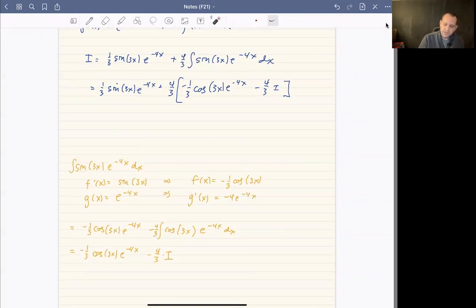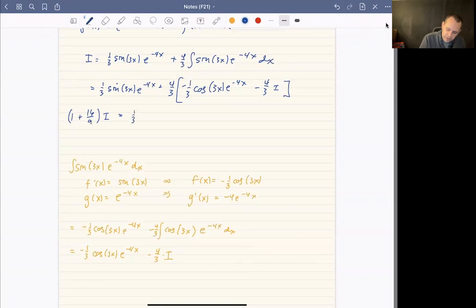I'm just going to do this algebra all in one step. What could possibly go wrong? We'll get -16/9 that we're going to add to both sides. So we get 1 plus 16/9 times I. So that's 25/9 times I is equal to this right side without the I term.